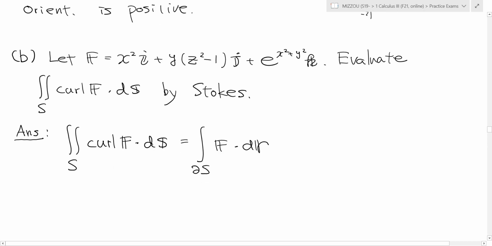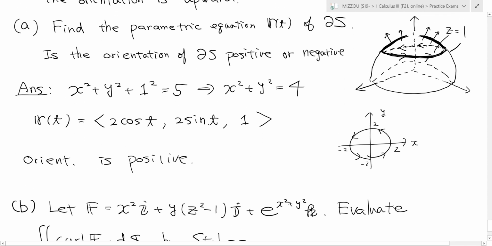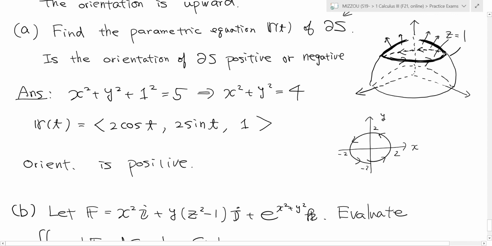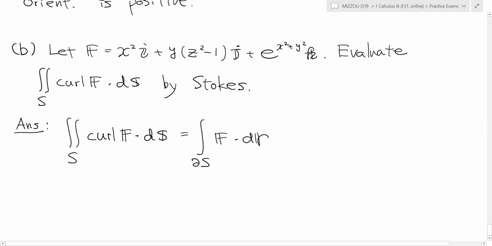By the previous problem, we know that the orientation of the boundary is positive. This is our boundary, a circle floating in the air. So all you have to do is compute this line integral.